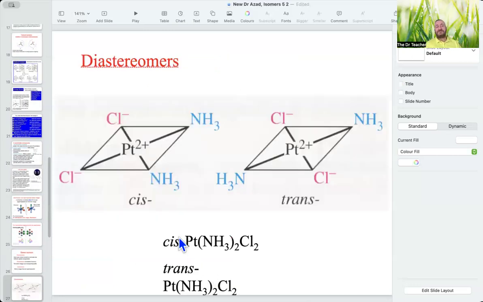If you come to the diastereoisomers, you can see here two amino groups in cisplatin, here in the cis, and here in the trans.